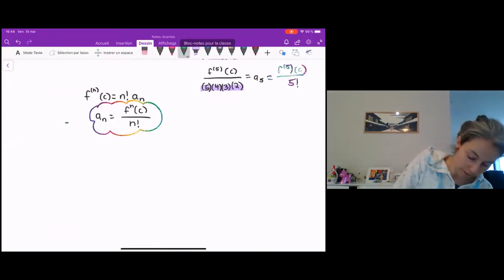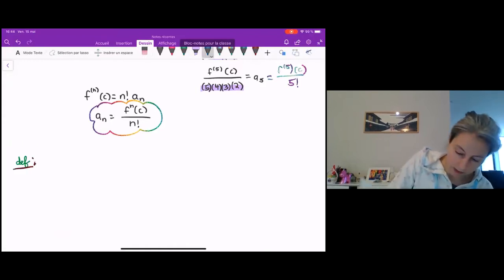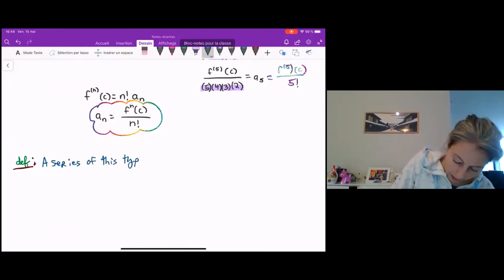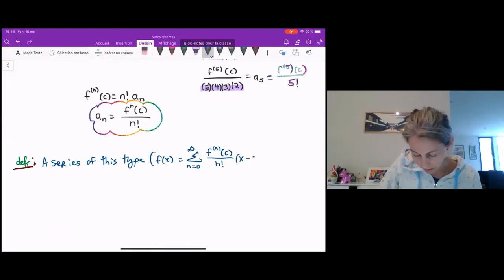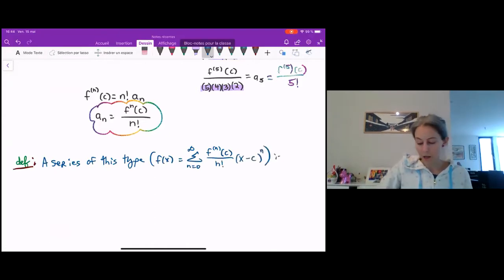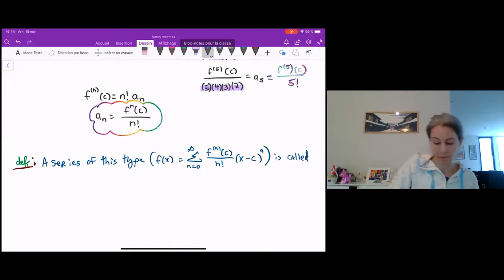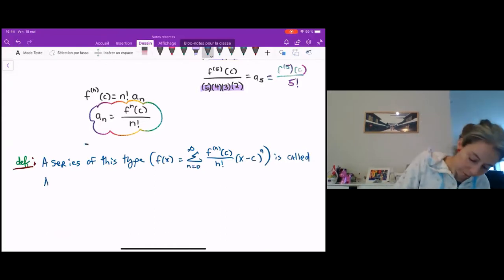So, definition: a series of this type, f of x is equal to the sum from n equals 0 to infinity of the nth derivative at c divided by n factorial times x minus c to the n, is called a Taylor series.